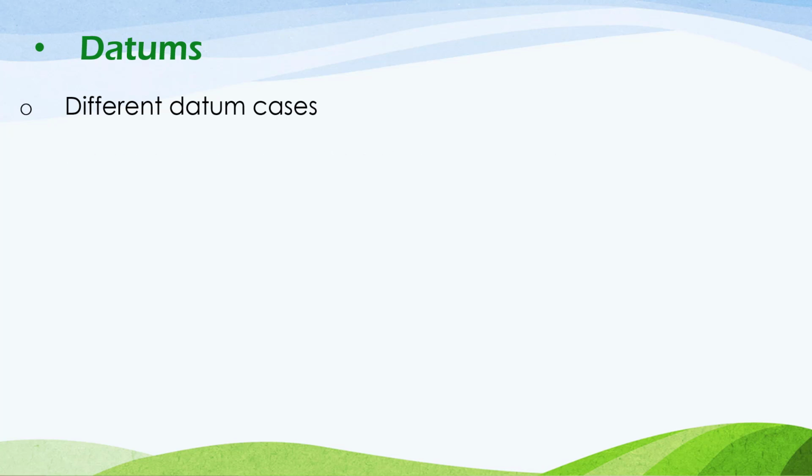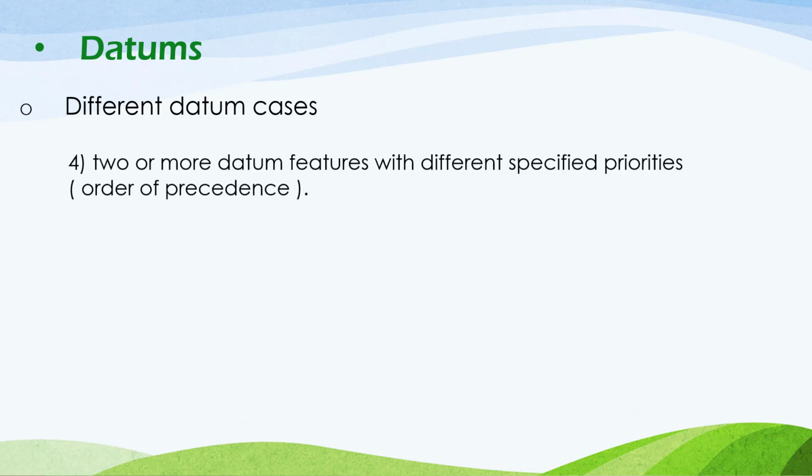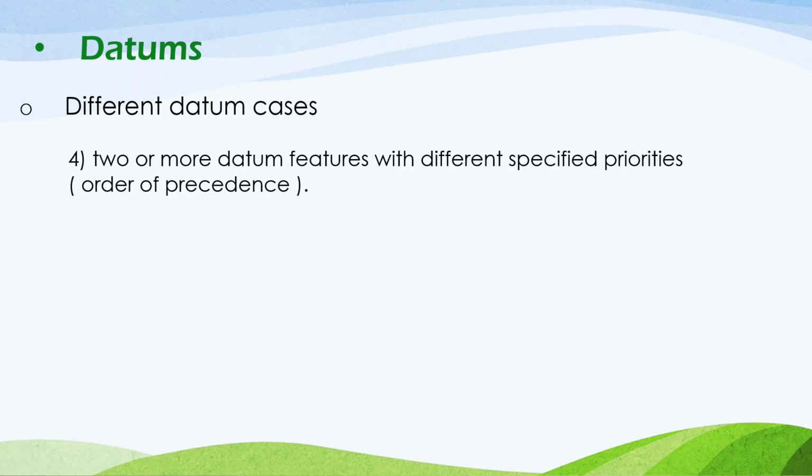And for this reason, we recommend using the next tolerancing method, which is to use two or more datum features, and each of them has a different specified priority, which means we know which one is the primary priority feature and which one is the secondary priority feature, and so on.